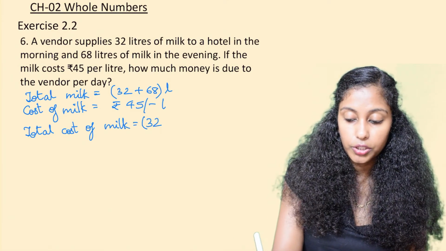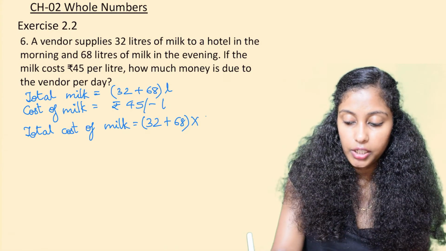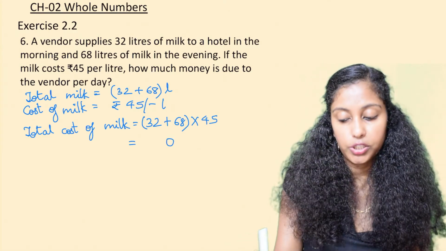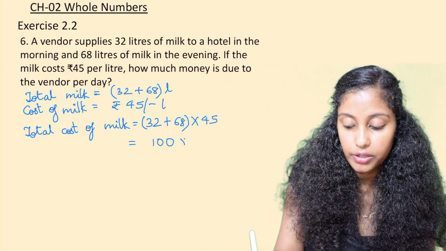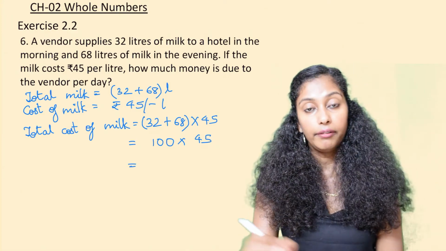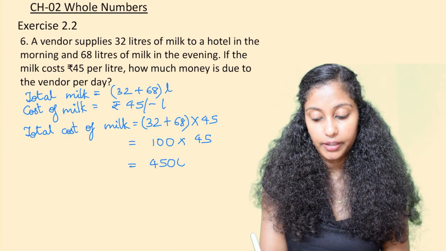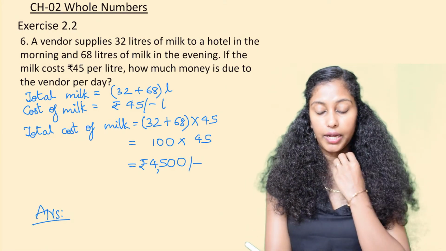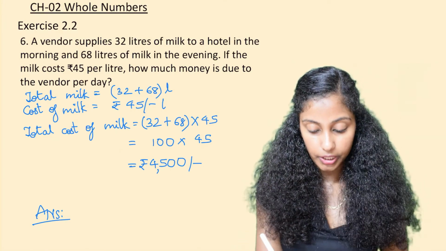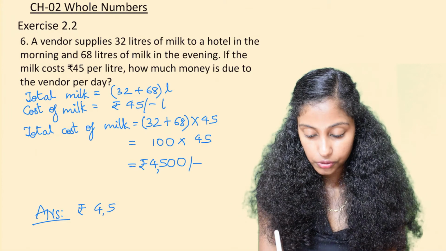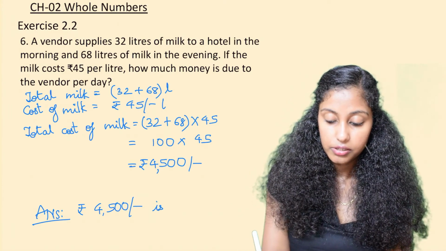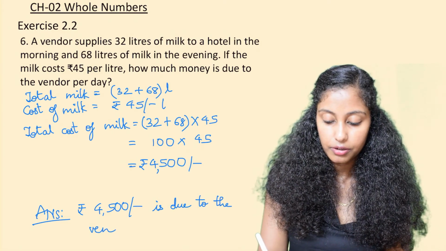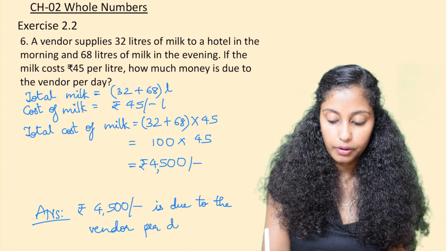So here 32 in the morning, 68 in the evening, and each liter costs rupees 45. 32 and 68, when we add, 8 plus 2 is 10, 6 plus 3 is 9 plus 1 is 10. 100 into 45 is 4,500. So this much rupees. So in the final answer, we write how much money is due to the vendor per day. Rupees 4,500 is due to the vendor per day.